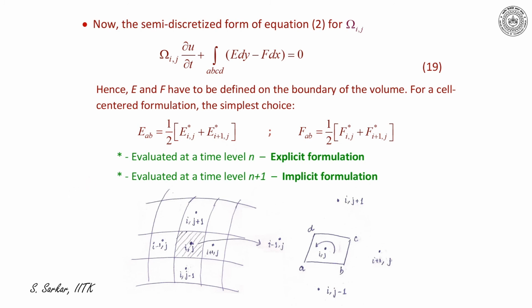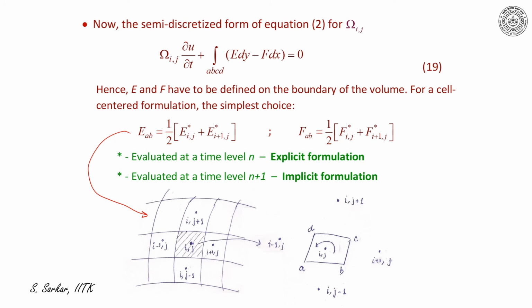What does it mean? To explain that, I have considered a grid here. So I have shown the cell, which is the shaded portion. So this is the ij cell, and I know the vertices.